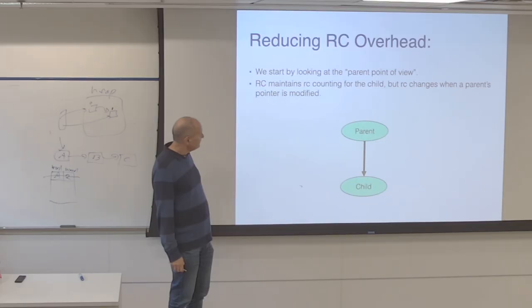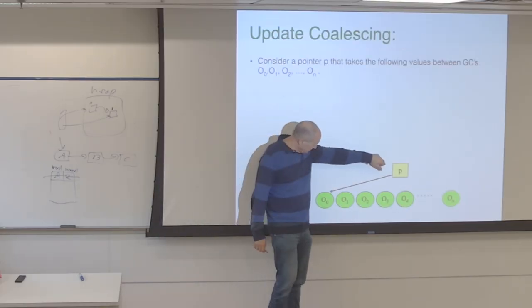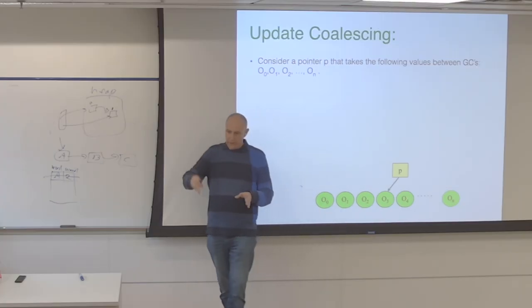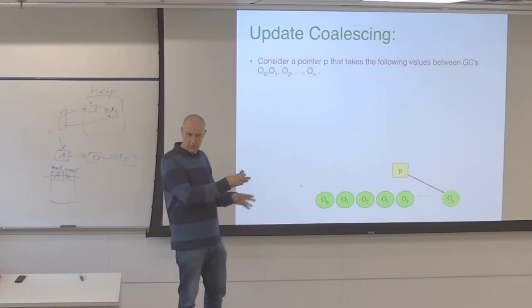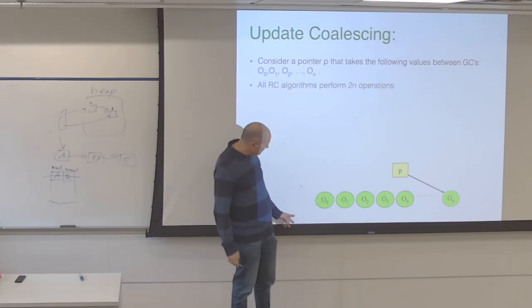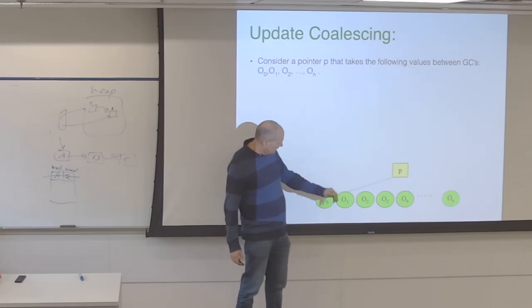So if you look at it, I have a pointer, right? And between garbage collections, it's going to point to multiple objects, maybe n+1 objects.